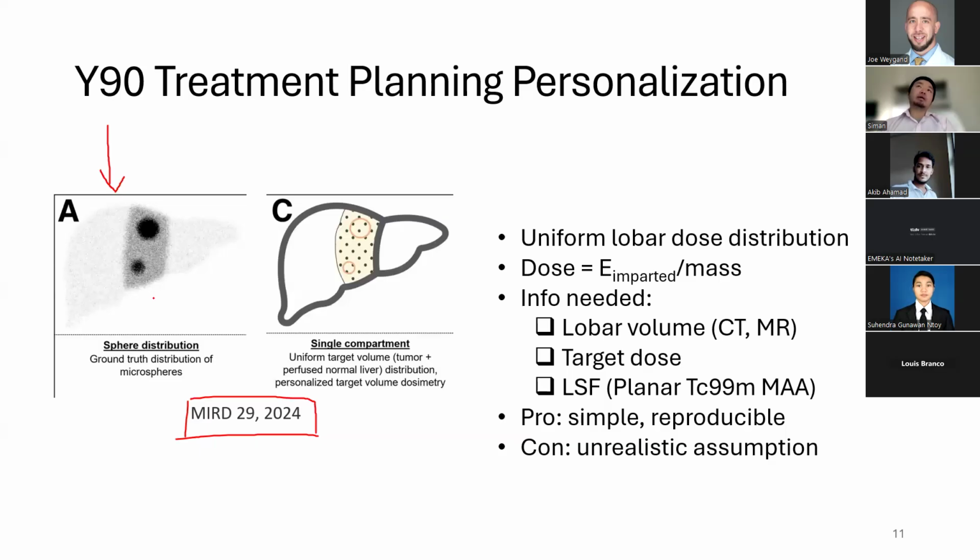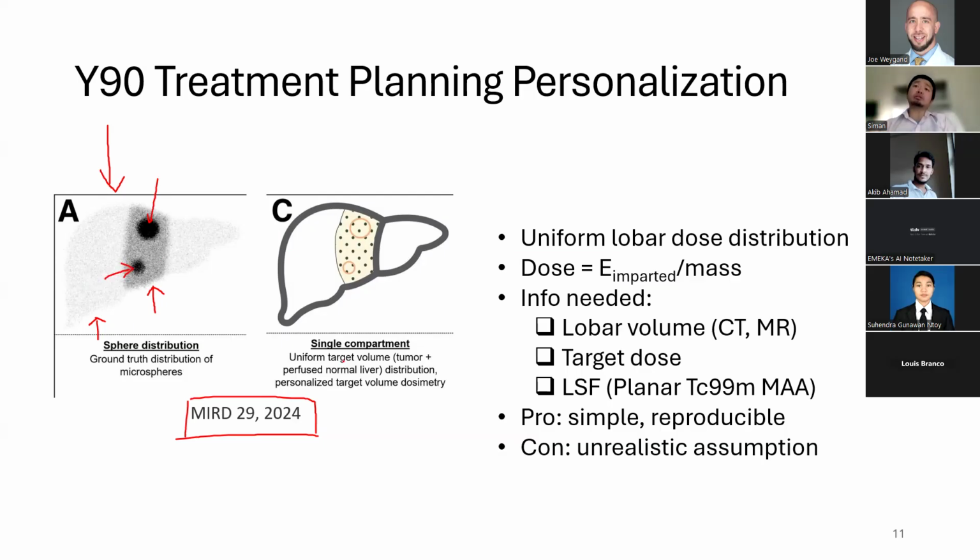In patients, you never know what the true distribution is, and that's why we try to do the imaging and whatnot. So again, this is just a model. This is your normal liver, and the darker one is the perfused liver. And the two circles here are the tumors, or supposedly tumor-like lesions in this case.